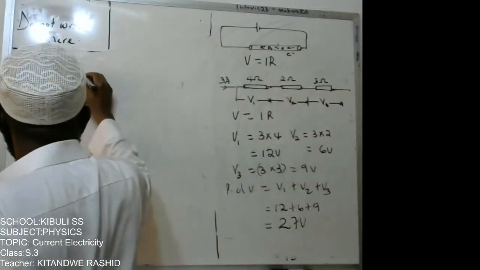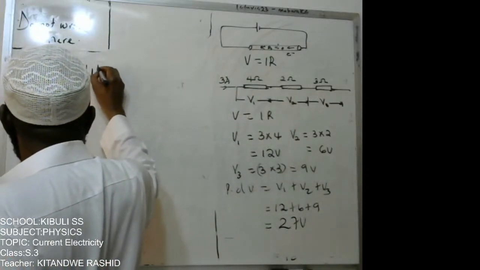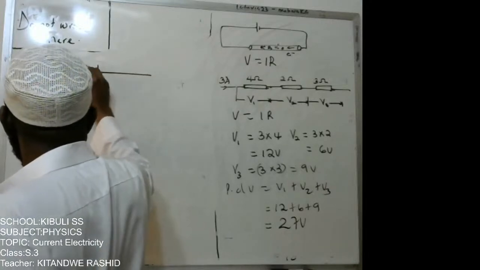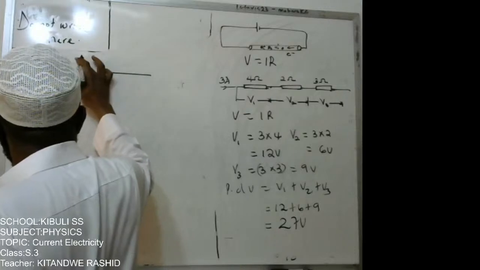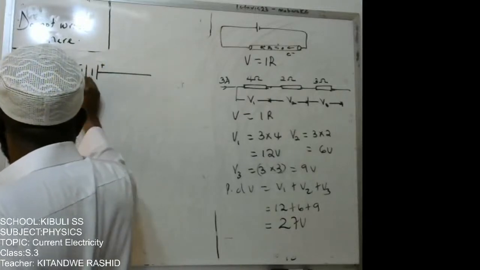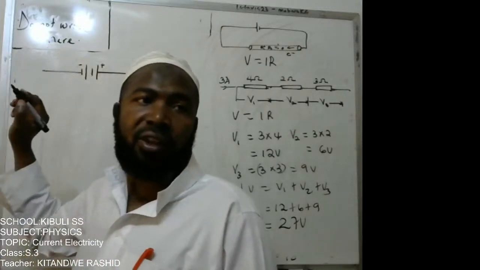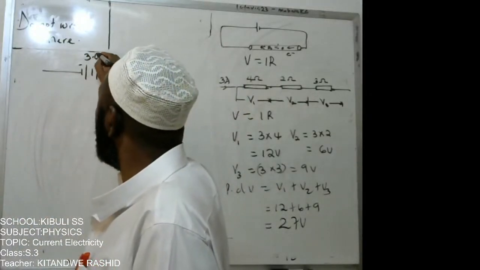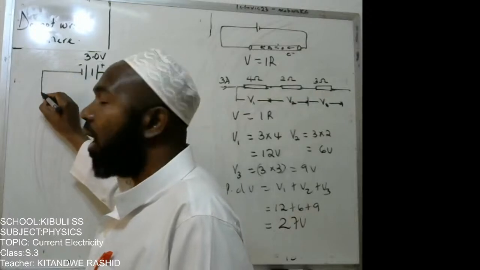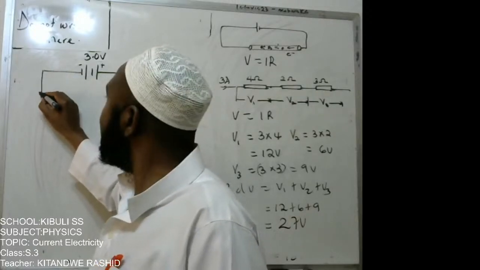So I have a cell. There are 2 dry cells. This is the negative terminal. Positive terminal, negative terminal of the battery. The total EMF is 3 volts, implying that each cell is 1.5 volts. And there is a resistance here.